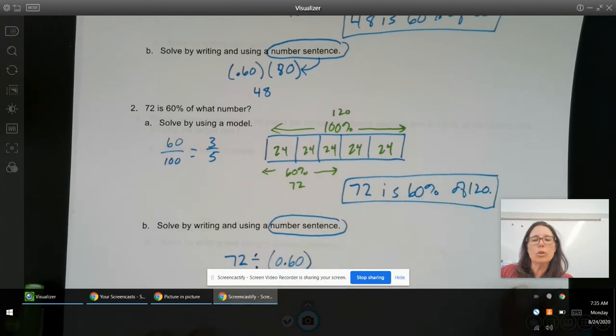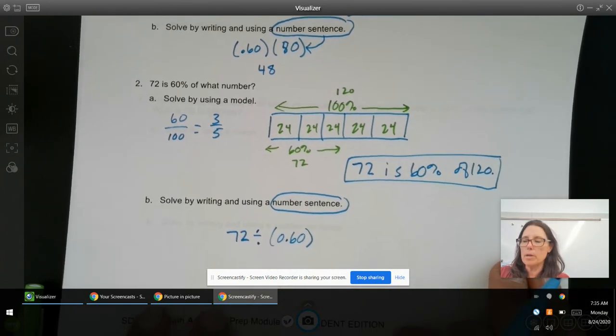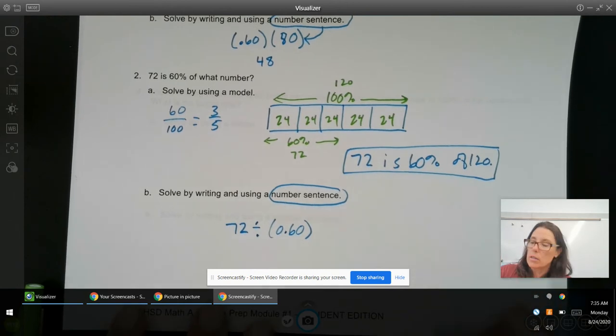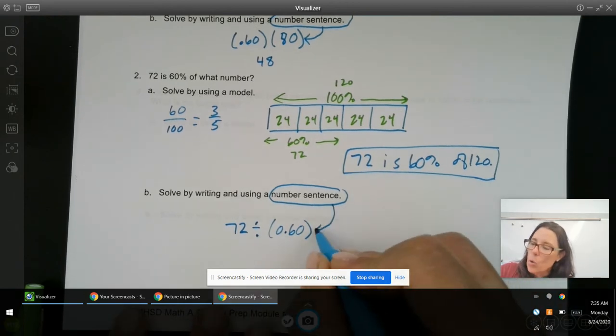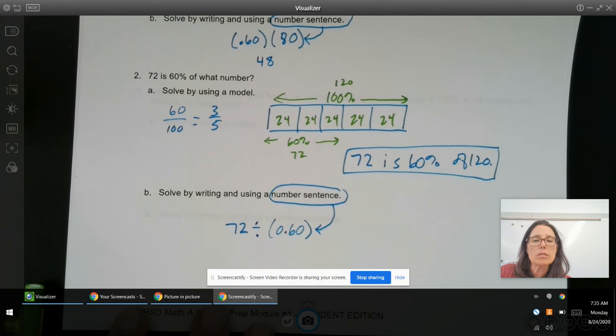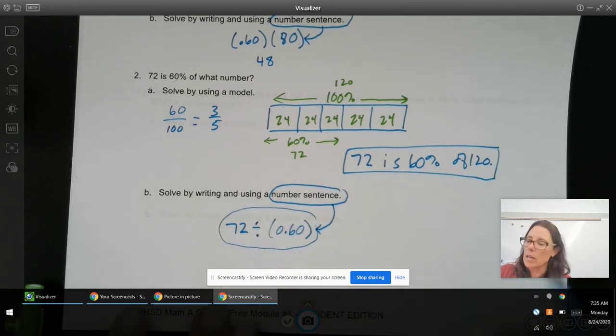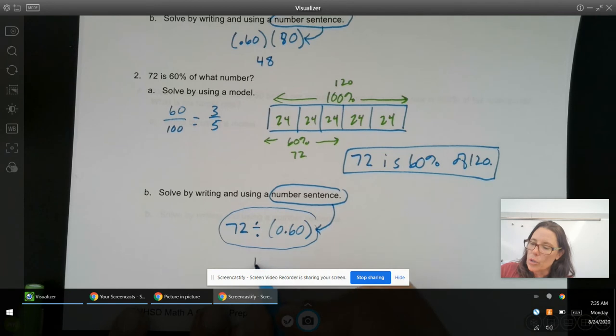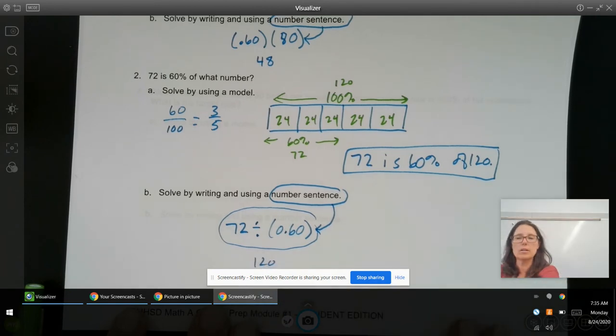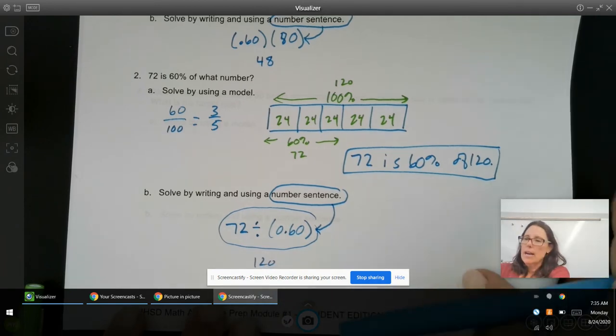Wouldn't that give you a larger number, the whole? Okay, so that whole thing right there is the number sentence. This is the number sentence, okay? And that does get you your 120 answer. All righty.